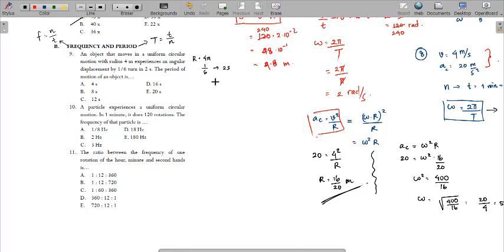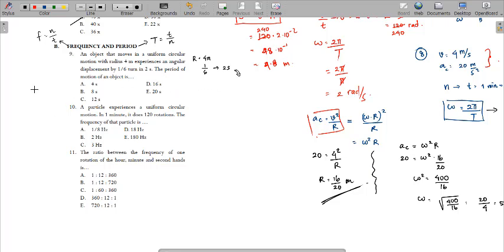What does it mean? One per six in 2 seconds. Can you imagine this one?